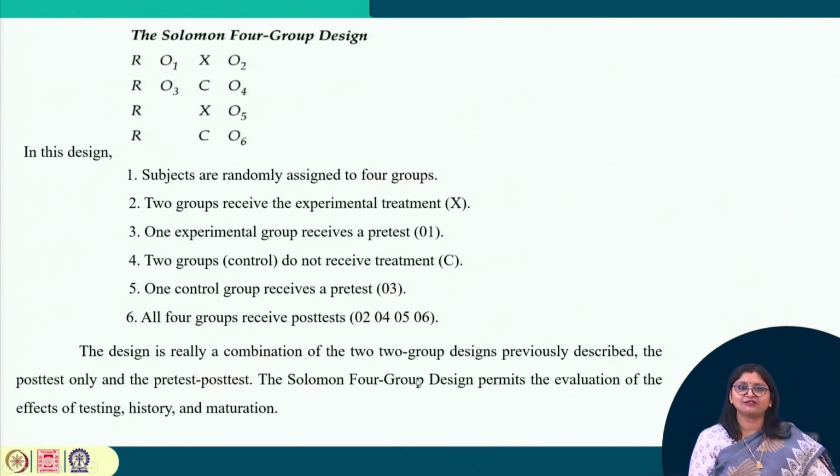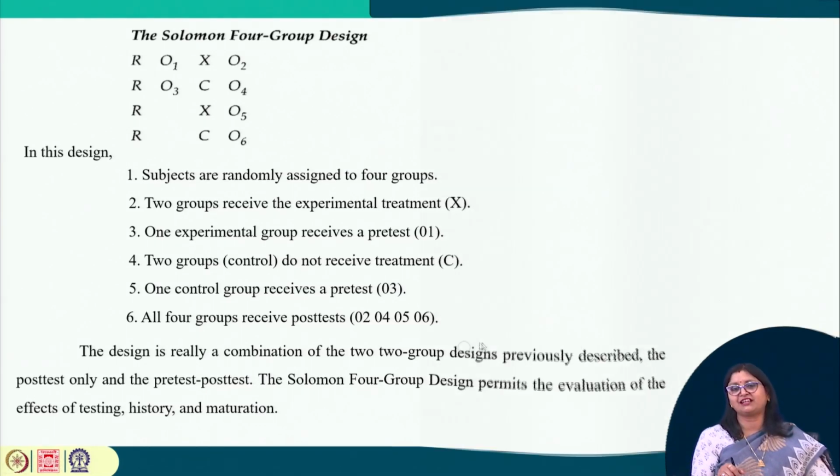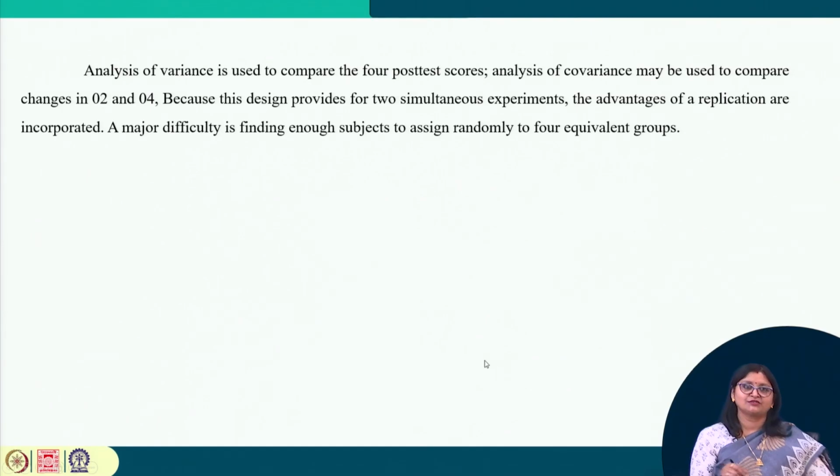This design is really a combination of the two-group designs previously described, the posttest-only and the pretest-posttest designs. So, the Solomon four-group design permits the evaluation of the effect of testing, history and maturation. Analysis of variance is used to compare the four posttest scores.